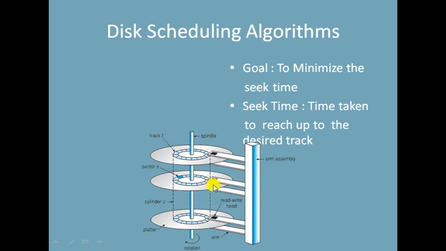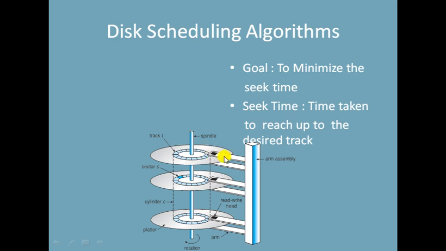Then if you observe, there is an arm. That arm consists of heads, called the read head and write head. Every arm contains read and write heads, so every platter has one read head and one write head. There are 3 platters, so 3 read and write heads are available.